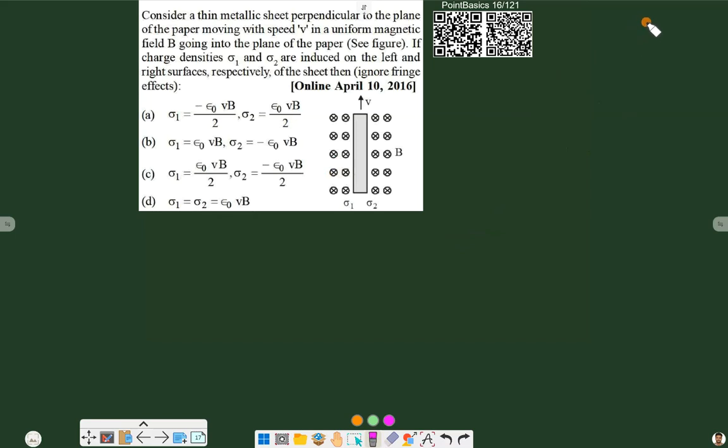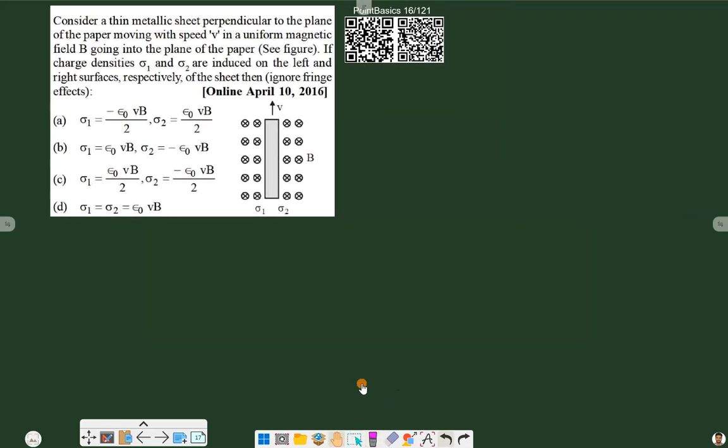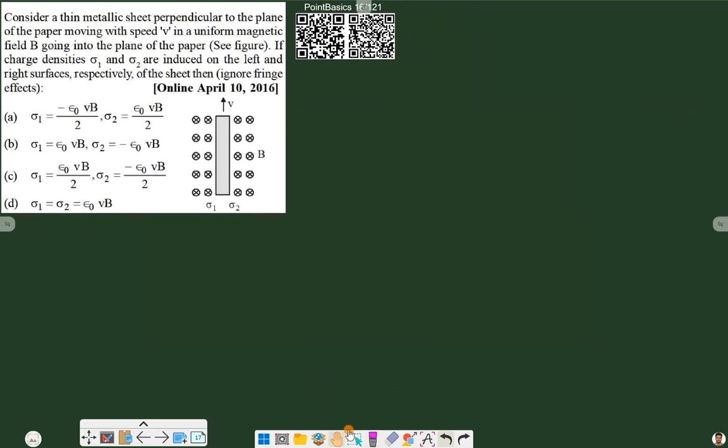Let's plot our coordinate system and slide it slightly here so that we can visualize things correctly. Our screen is the XY plane and out of the screen is the Z axis. So here the magnetic field is into the screen, meaning along the negative Z axis.